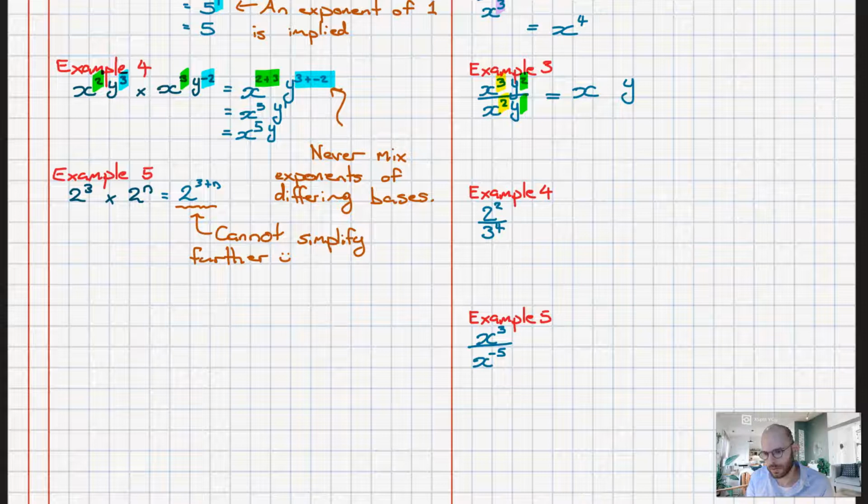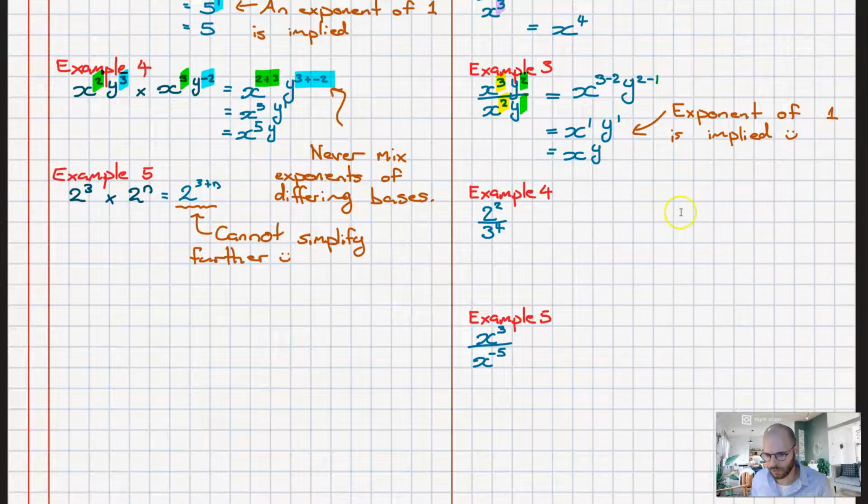So I'm going to write this out as 3 take 2 and then 2 take the implied 1. Simplifying this out, x to the power of 3 take 2 is x to the 1, and y to the power of 2 take 1 is y to the 1, and that simplifies out to xy, because the power of 1 is implied.